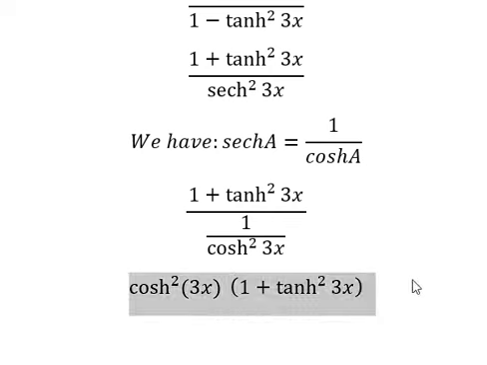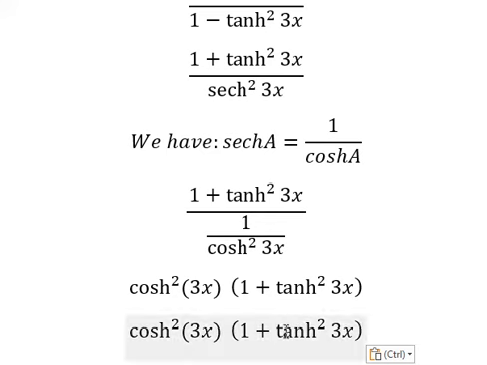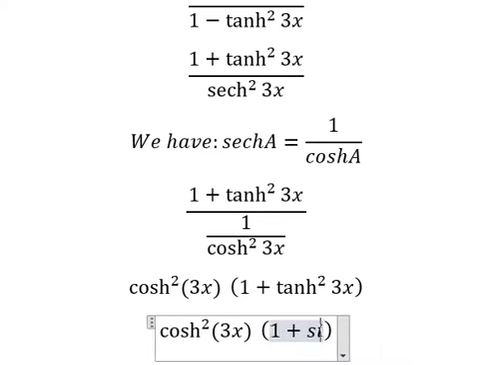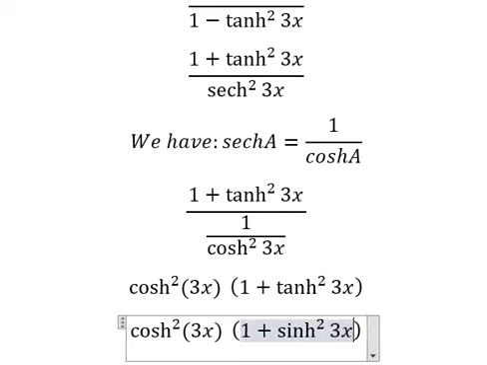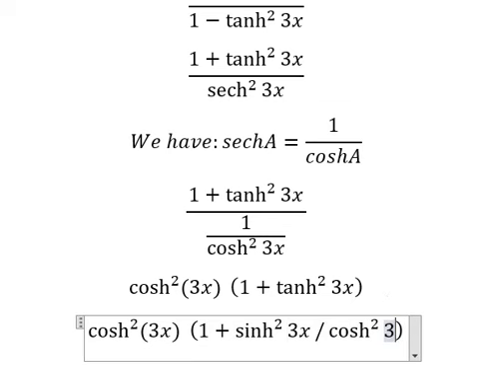Next, we know that tan of 3x squared will change to sin of 3x squared over cos of 3x squared.